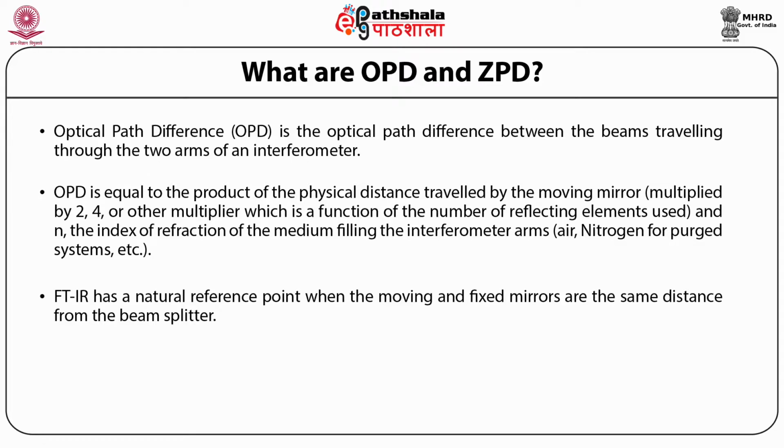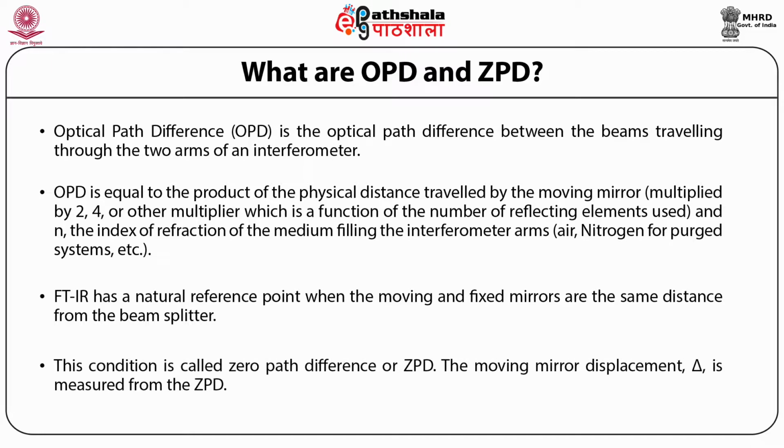FTIR has a natural reference point when the moving and the fixed mirrors are the same distance from the beam splitter. This condition is called the zero path difference, or ZPD. So the moving mirror displacement delta is measured from ZPD.